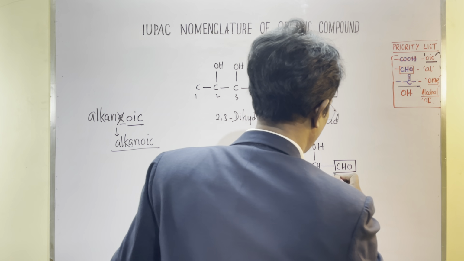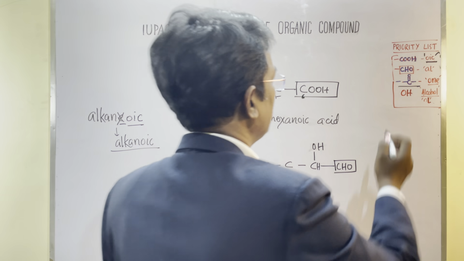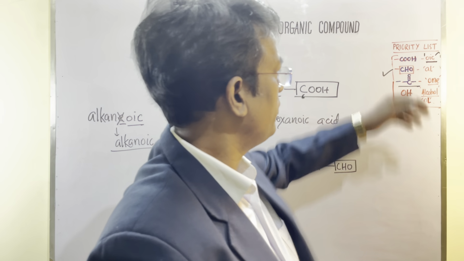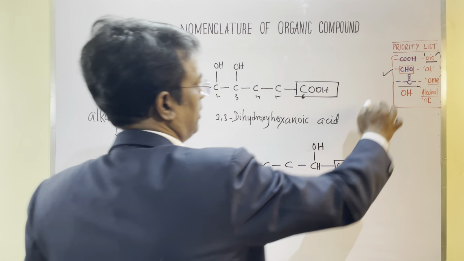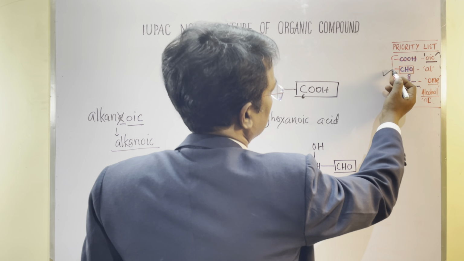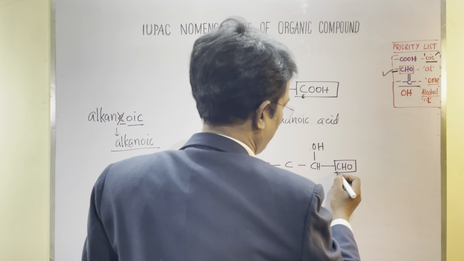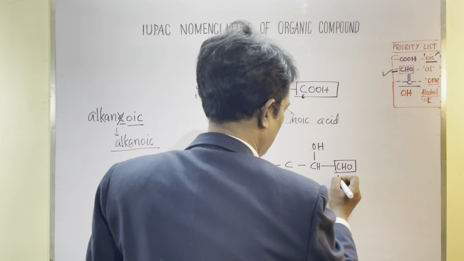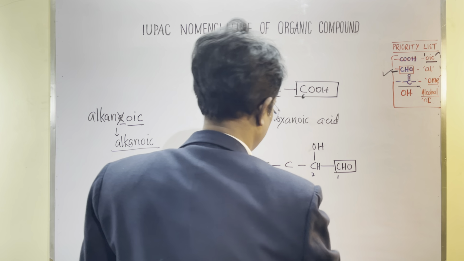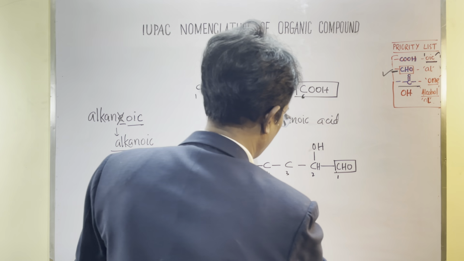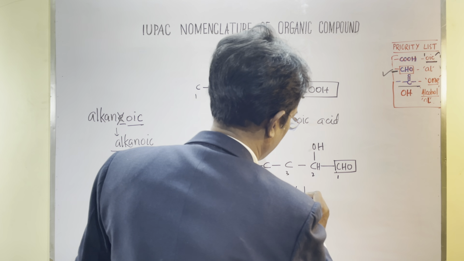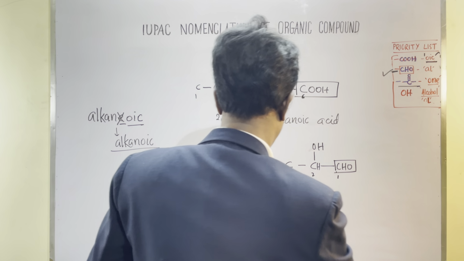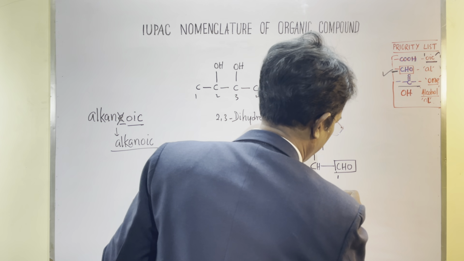In that case, between these we have to check the priority list. Again, CHO appears above this here. So CHO is the main functional group here. So here we have to count 1, 2, 3, 4, 5. It will be 2-hydroxy, and 1 to 5 is there, pentanal.